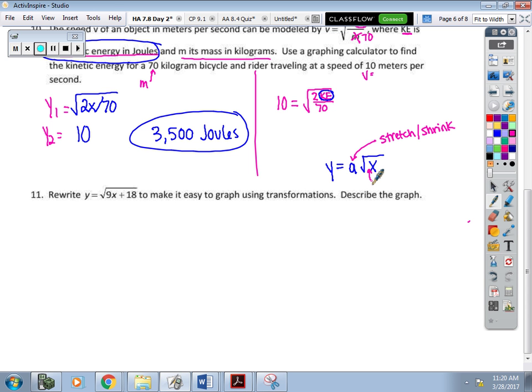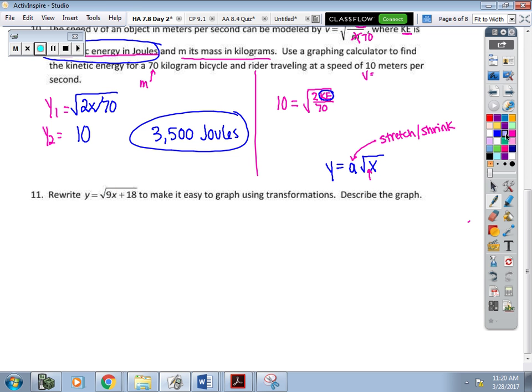Because that's not a direct transformation. So what we're going to do is simplify this equation by factoring and square rooting to get it back into a normal looking transformation like yesterday's, because otherwise you cannot say that this goes to the left 18 and that it has a stretch of 9. That would be wrong, okay, because of the way that it's set up.